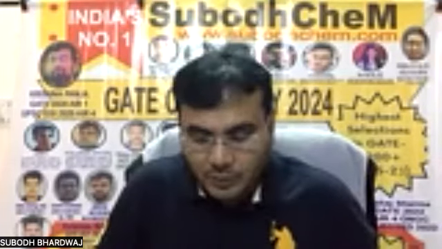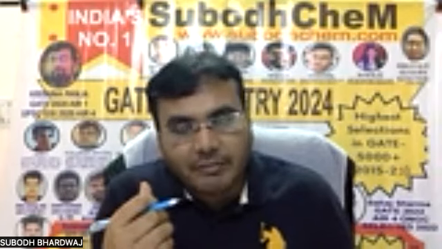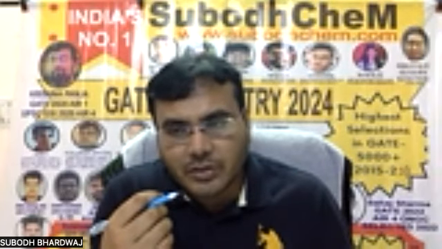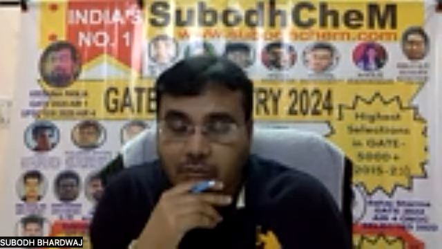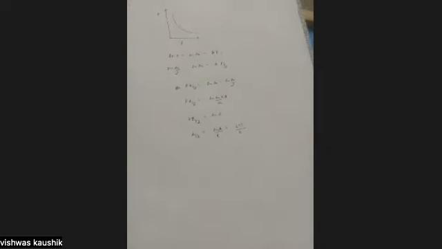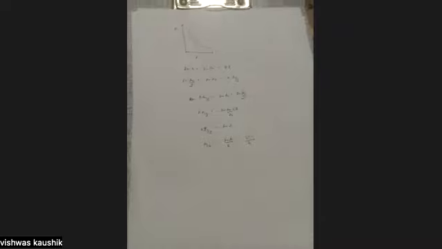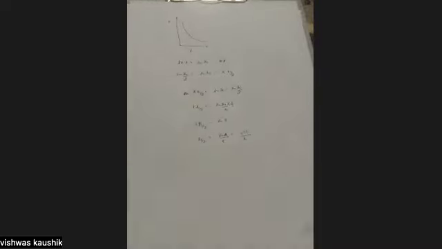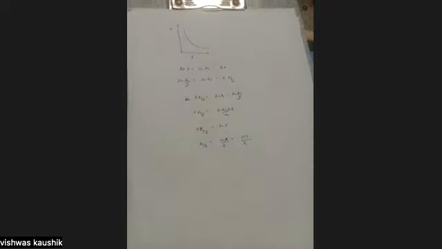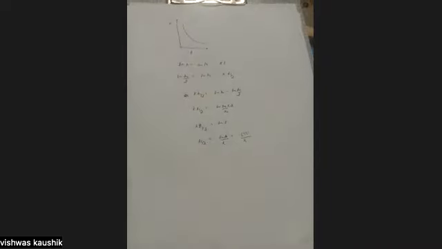Yes. Good. And what is half-life? In simple words, what is the meaning of half-life in chemical kinetics? Half-life is that time at which the concentration of the reactant is half of the initial concentration of the reactant.